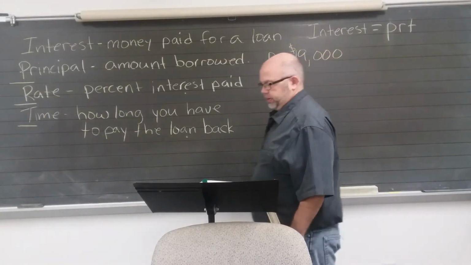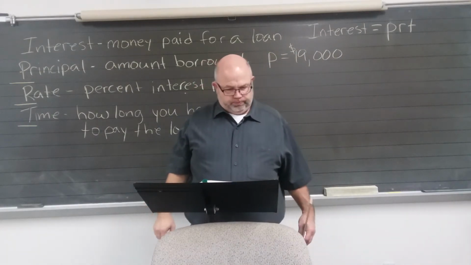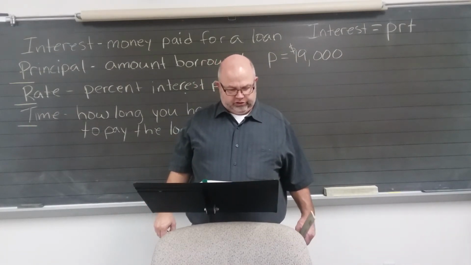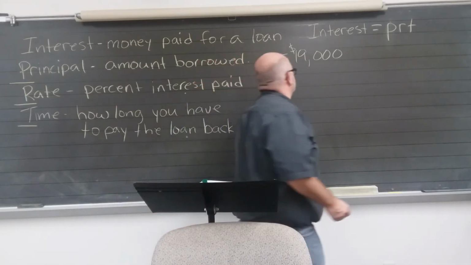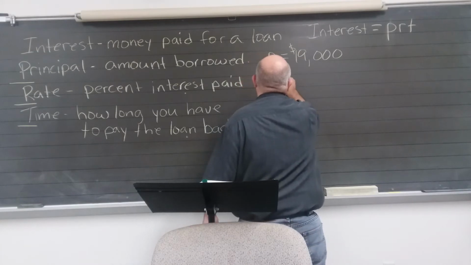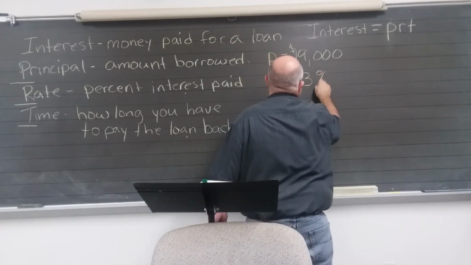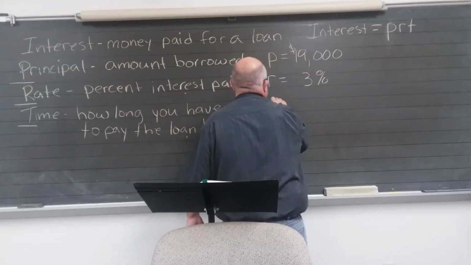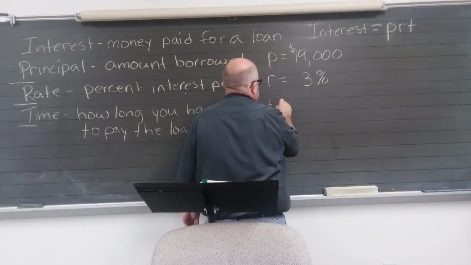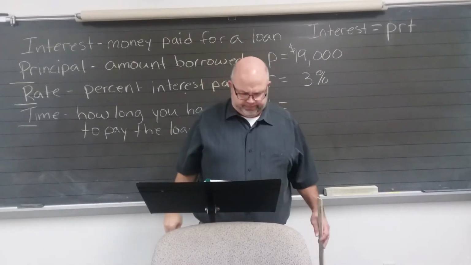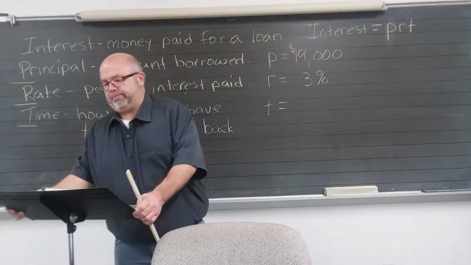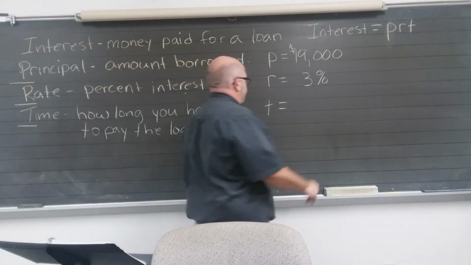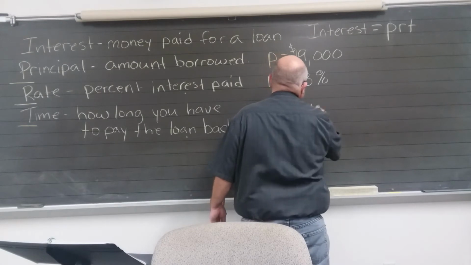All right? We are going to pay an interest rate of 3%. So rate equals 3%. And the time we have is 4 years to pay it back. All right? 4 years.